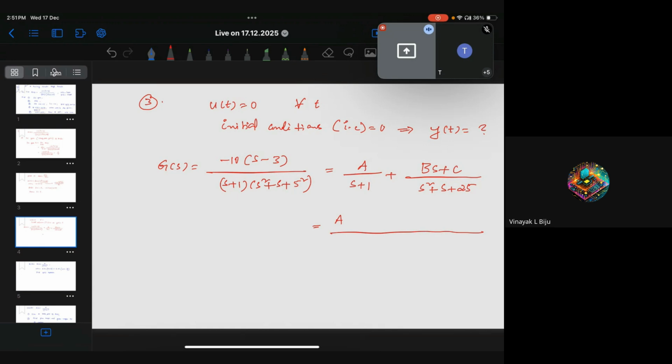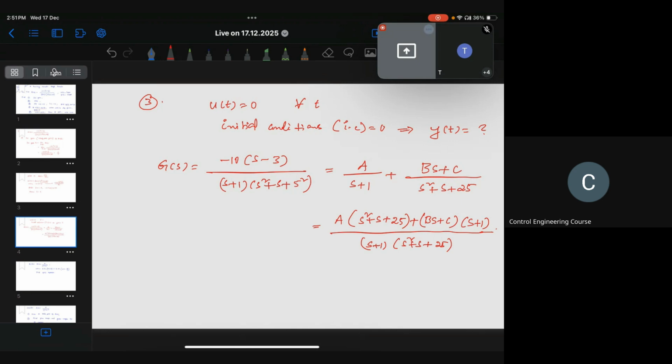So what do we write here? We have (s plus 1)(s square plus s plus 25), so A multiplied by (s square plus s plus 25) plus (Bs plus C) multiplied by (s plus 1). First we are dividing the entire thing into different parts.